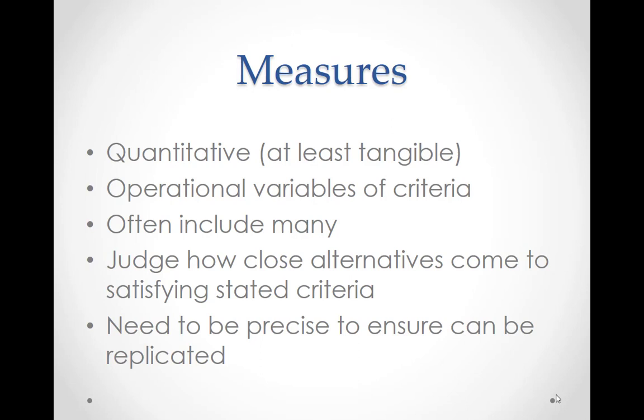Lastly, measures. Measures are the operational variables that judge how close each policy alternative comes to satisfying the stated criteria. In other words, if we view evaluative criteria as the concern surrounding the problem, the measures allow us to see how well each alternative addresses those concerns.